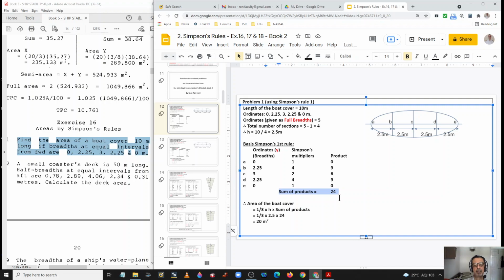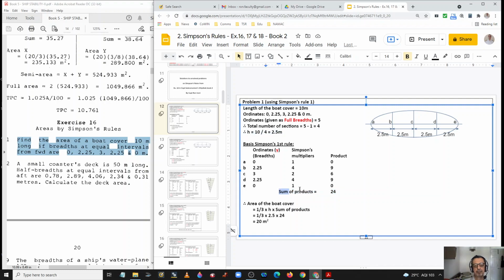To find the area of the boat cover, we use Simpson's first rule, which states 1/3 multiplied by h multiplied by the sum of the products will give us the area of the boat cover. We know h is equal to 2.5 meters. We have calculated it here.